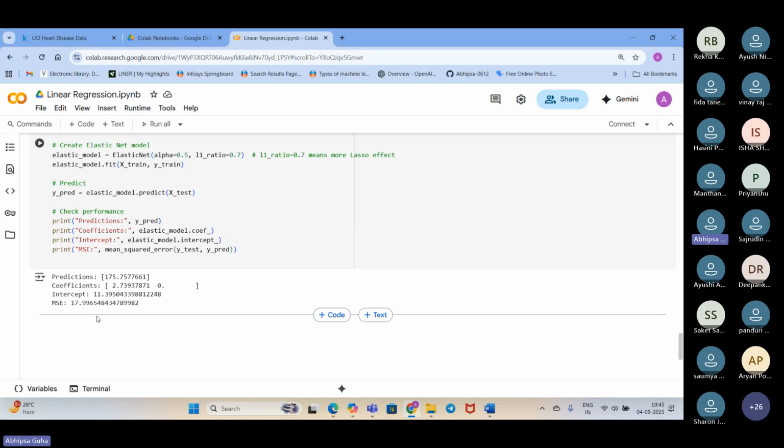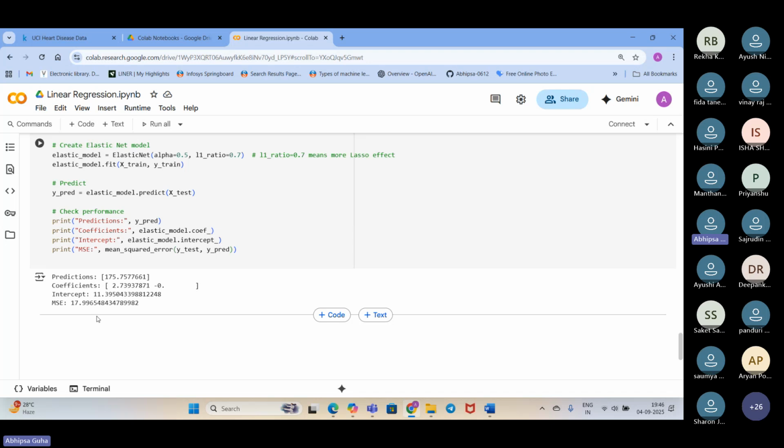It does the feature selection. So we get both effects in Elastic Net. It shrinks unimportant coefficients towards zero, which is the feature selection that Lasso does.